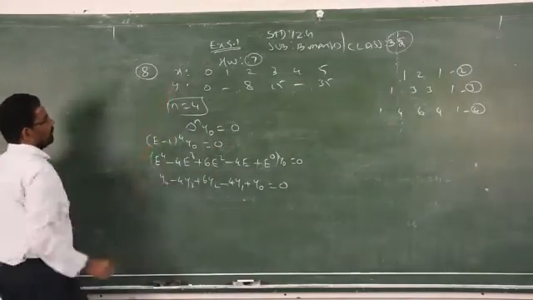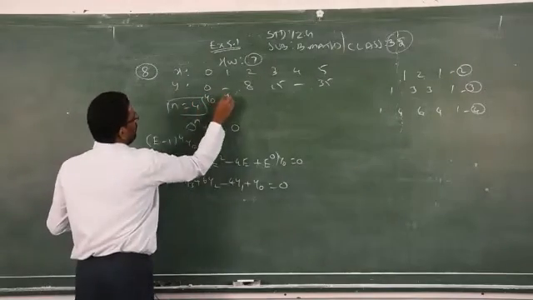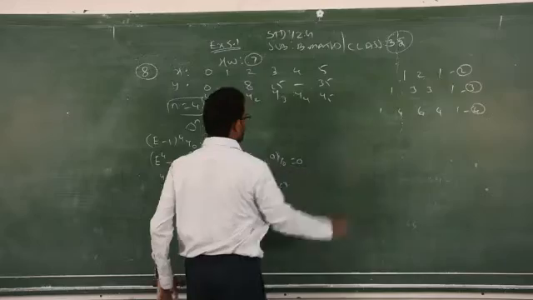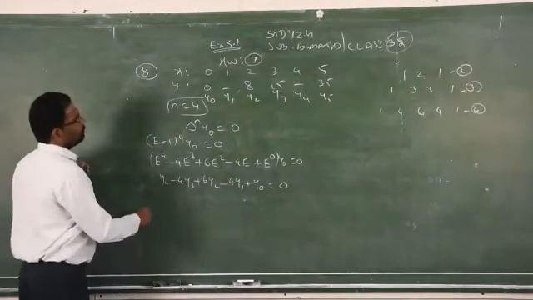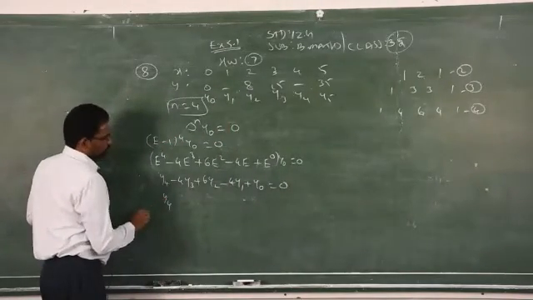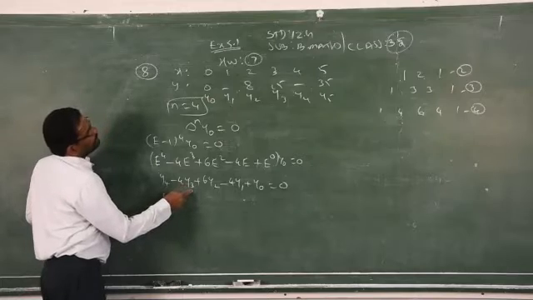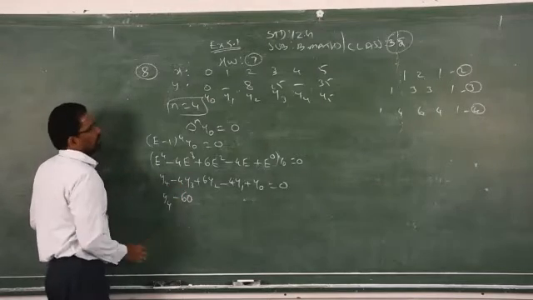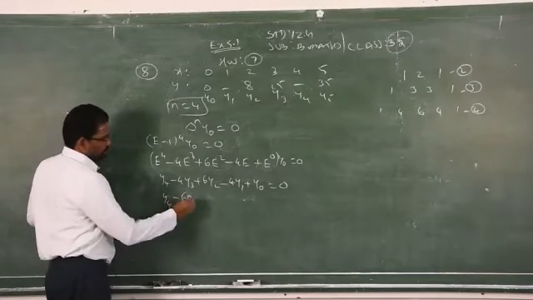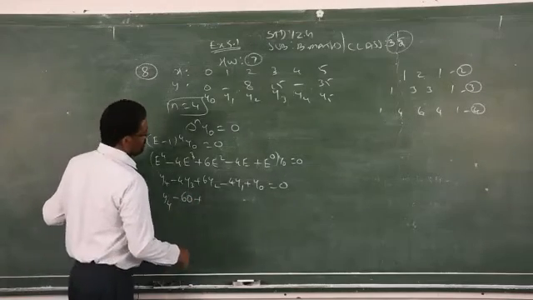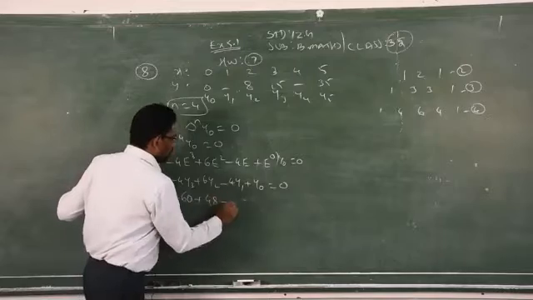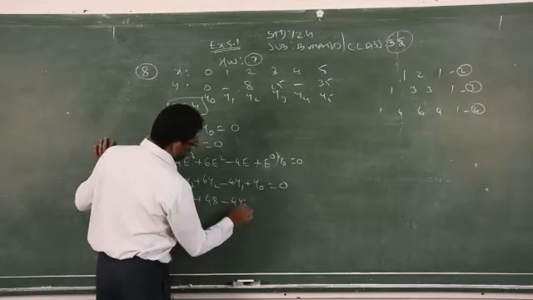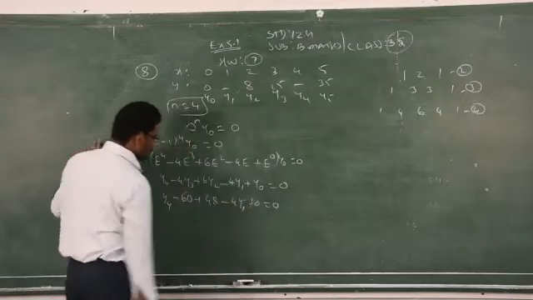Then substitute the values y0, y1, y2, y3, y4, y5. y4 I don't know. For y3, how much? 15. 4 into 15 how much? 60. I straight away write down the answer. 4 15s are 60, plus 6y2. 6 8s are 48, minus 4y1. I don't know what y1 is. So y0 is 0, is equal to 0.